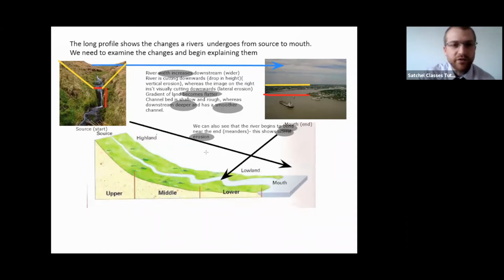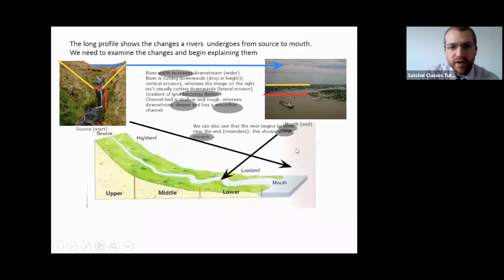So we can see all of these changes as we go from start to finish. So it's wider, it's deeper, it becomes a smoother channel bed, it becomes flatter, and we can assume that the volume of water is getting higher, and therefore also the power of the river is increasing. So what we need to do is just pull together a reason why this is happening.